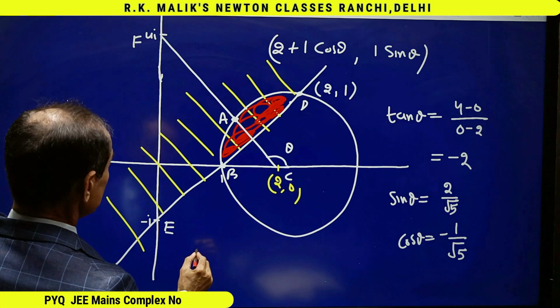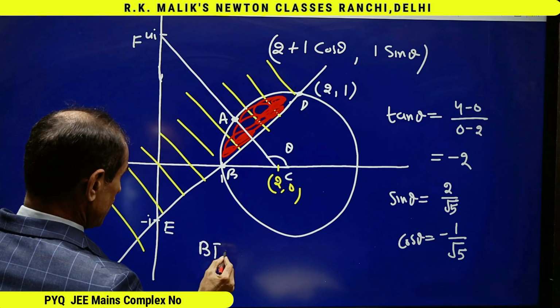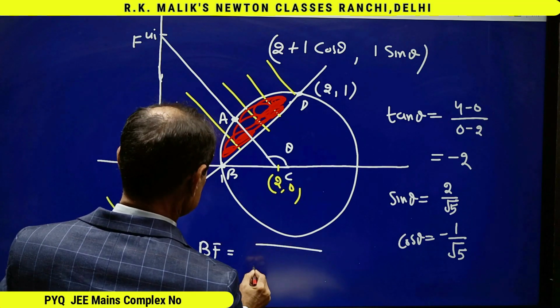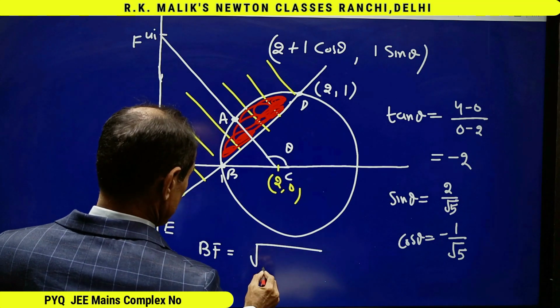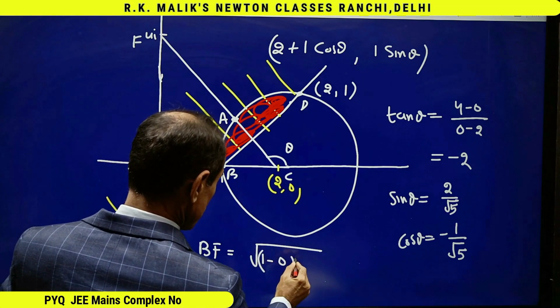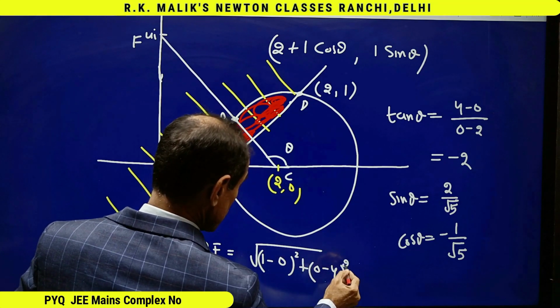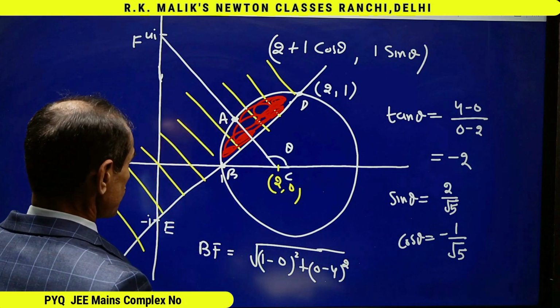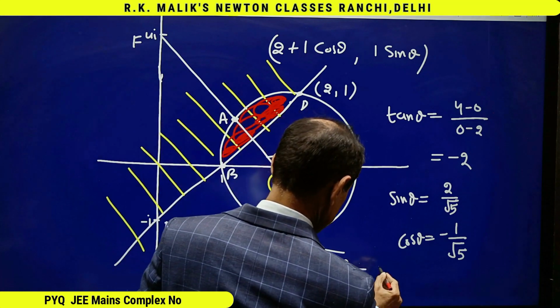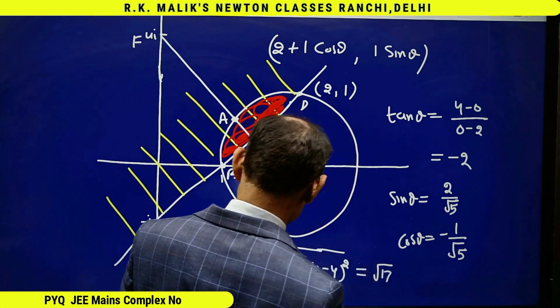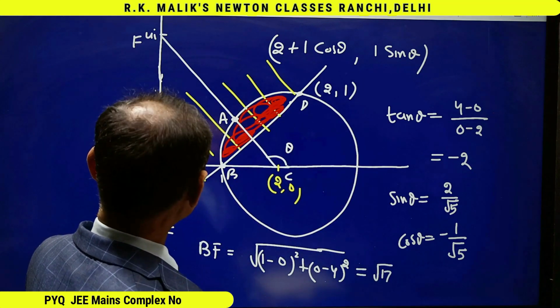Now clearly BF is equal to under root 1 minus 0 whole square plus 0 minus 4 whole square, that is under root 17.